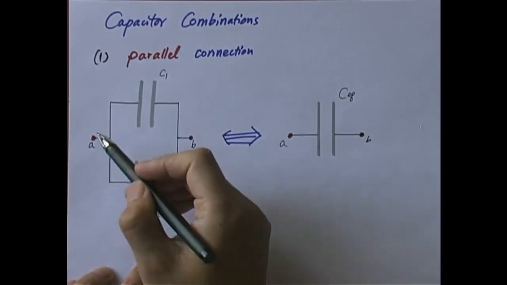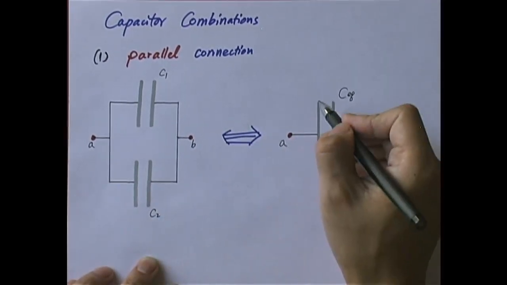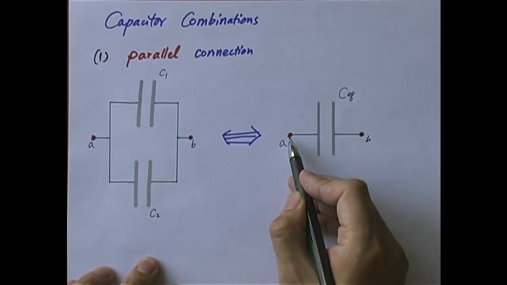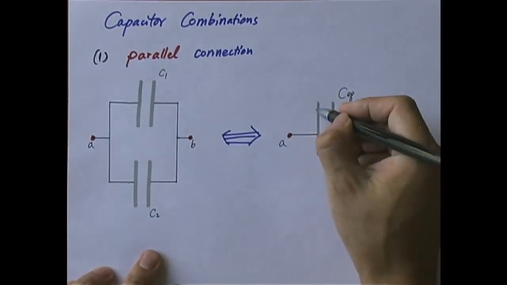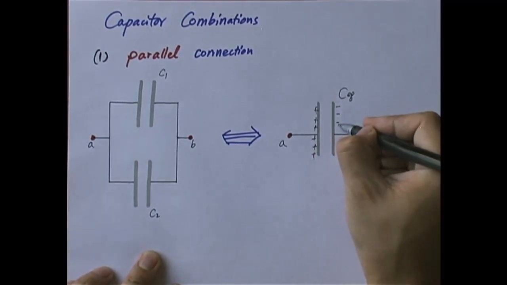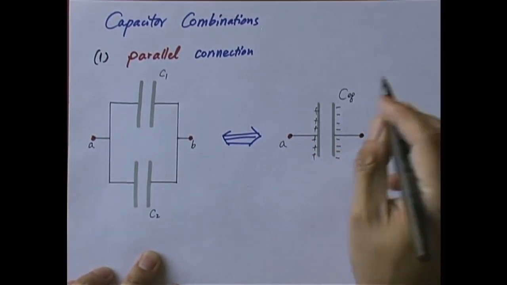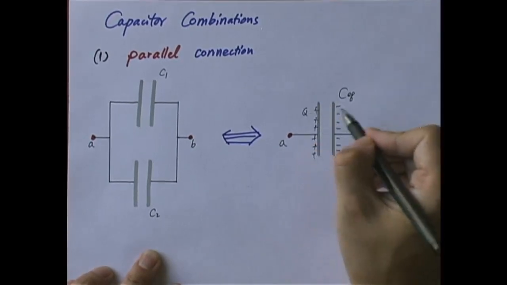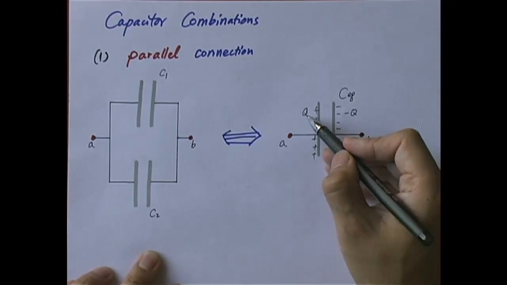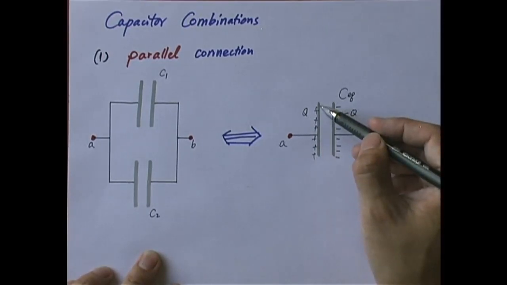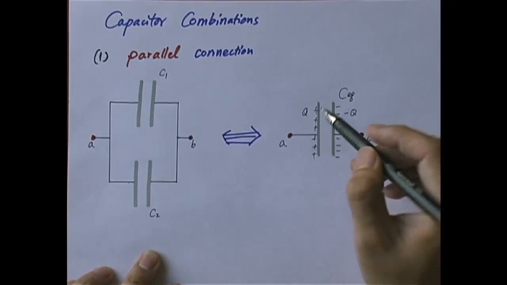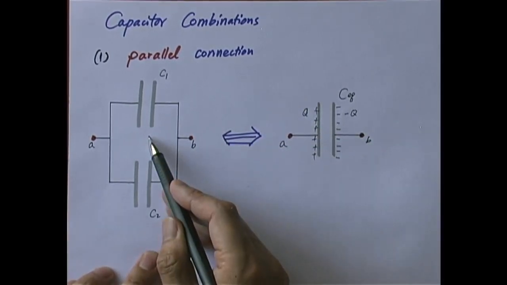Now, what is Q? Q is the charge that you place on this capacitor. Let's say this point A has a higher potential, therefore it's going to be positively charged, and this plate will be negatively charged. Let's say here the charge is Q, here the charge is negative Q. You see, this Q is the total charge on this plate, which is linked to point A. But go back to the previous case.